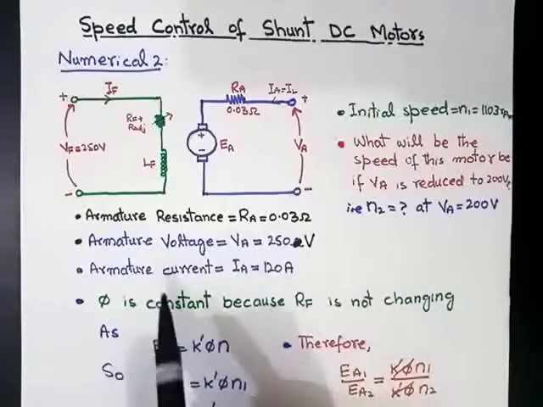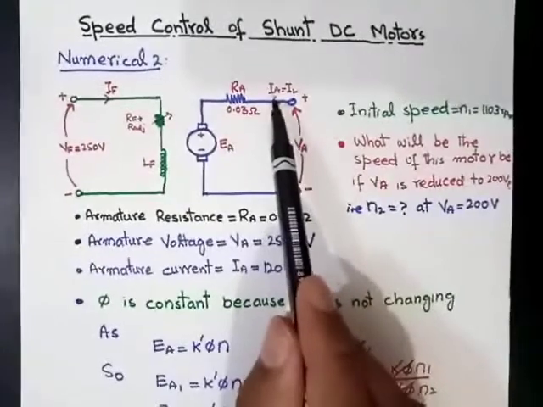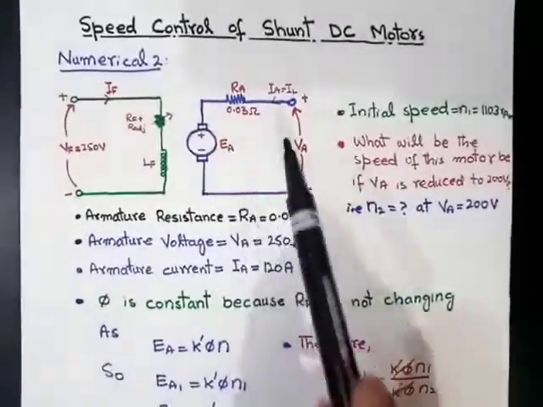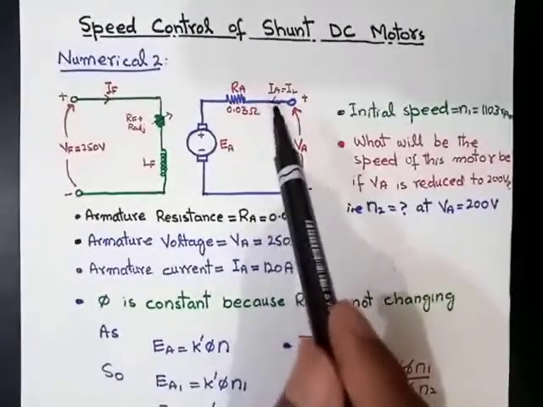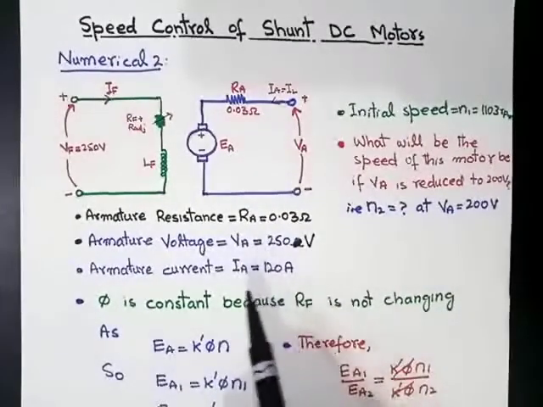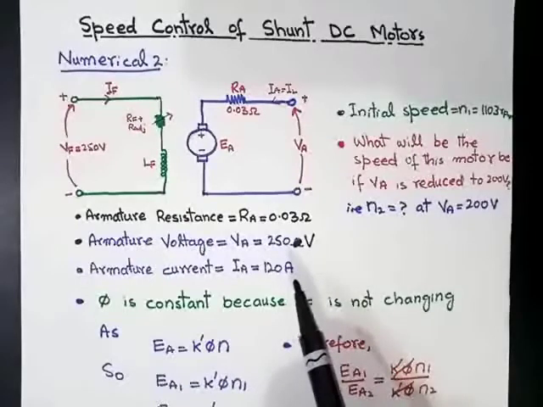And the armature current is given as 120 ampere. Armature current will be equal to line current because the circuit is a series circuit. In a series circuit, the line current is equal to the armature current. Here IA is equal to 120 ampere.